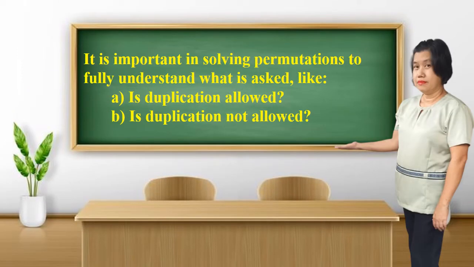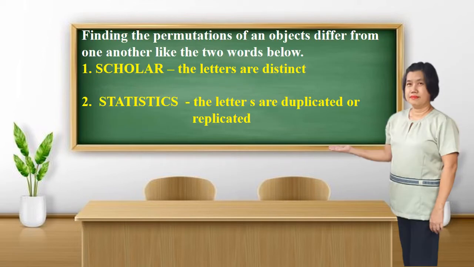It is important in solving permutations to fully understand what is asked, like, is duplication allowed or is duplication not allowed? Finding the permutations of an object differ from one another like the two words below. The first word is scholar and the second is statistics.